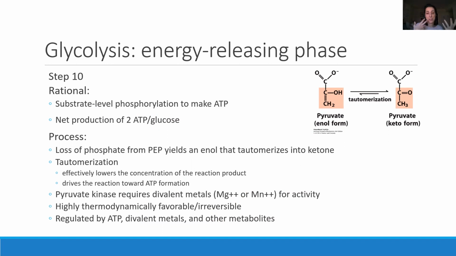So it is a keto-enol tautomerization, meaning going between an enol form and a keto form spontaneously.